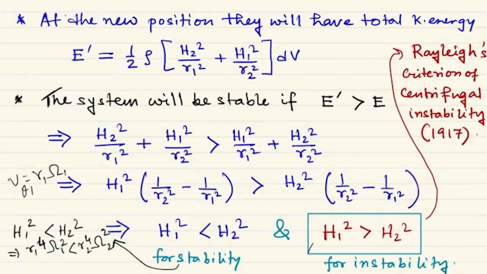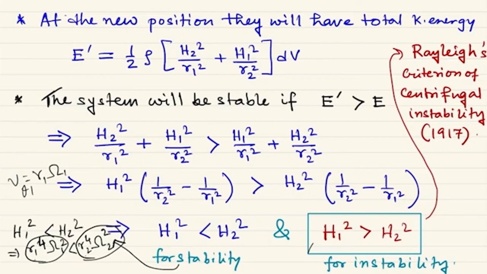So if r2 is greater than r1, then this quantity should be greater than this quantity.